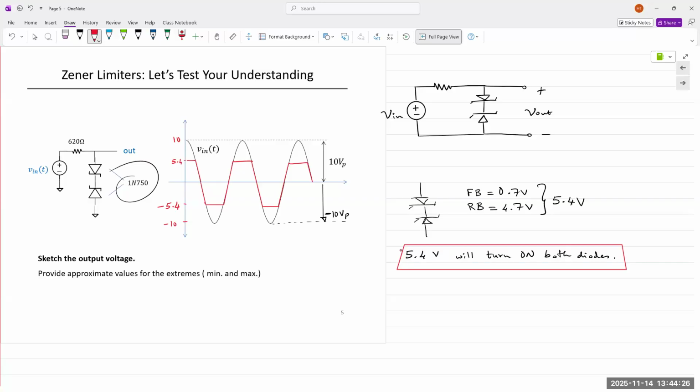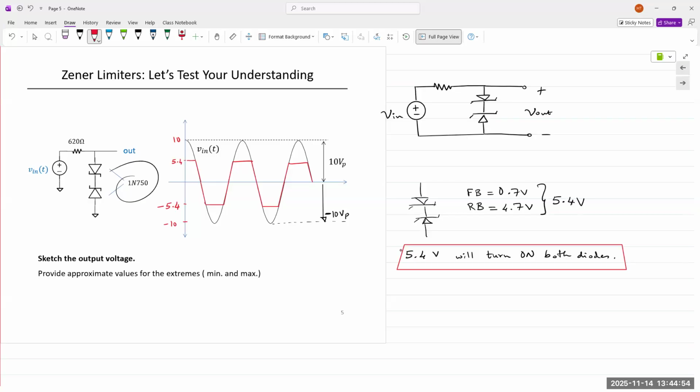So a sine wave input comes in, let's say positive peak plus 10, negative peak is minus 10. As long as the value of the input is below 5.4, diodes are off. So V out is equal to V in, right? So if V in is 1 volt, V out is also 1 volt. V in is 2 volts, output is 2 volts. If it's 1.113 volts, output is 1.113 volts until it crosses 5.4.